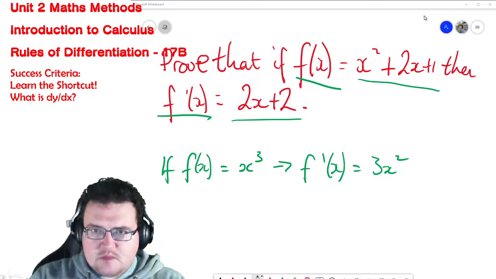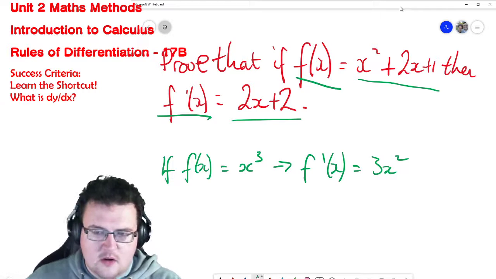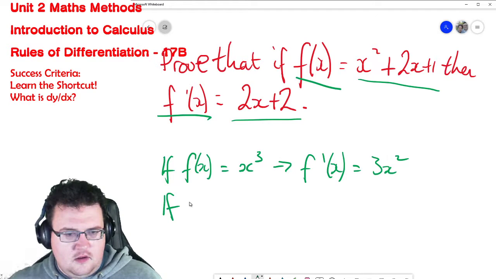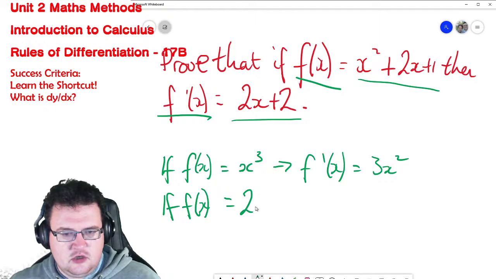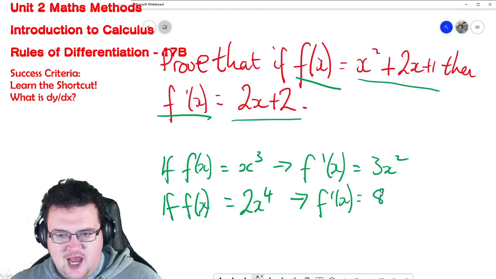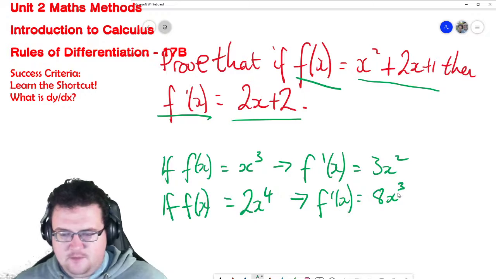All right. So if f of x was 2x to the 4, f dash x is going to be 8x cubed.